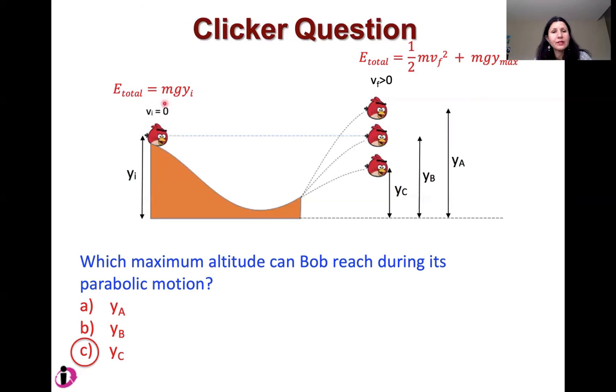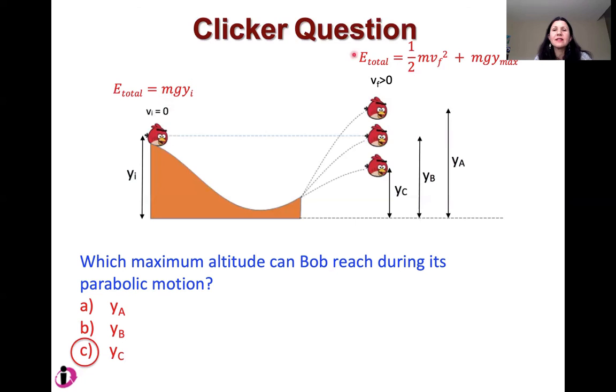So what that means is that mgy has to equal everything here. If he reached the same height, that would tell us that the kinetic energy has to be 0, but we know that that's not true. And of course, the same is true for a height which is higher. If it were higher, then we would have a total energy here which is much greater than his initial total energy, but he cannot be gaining energy out of thin air.